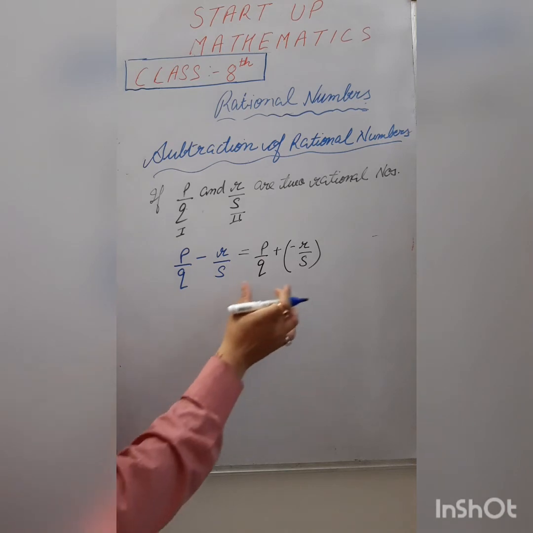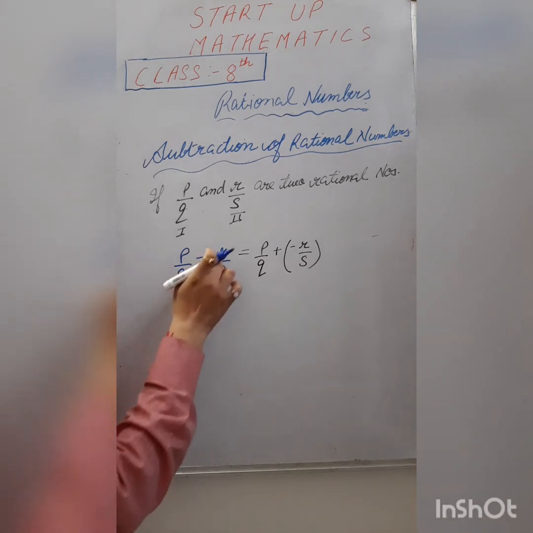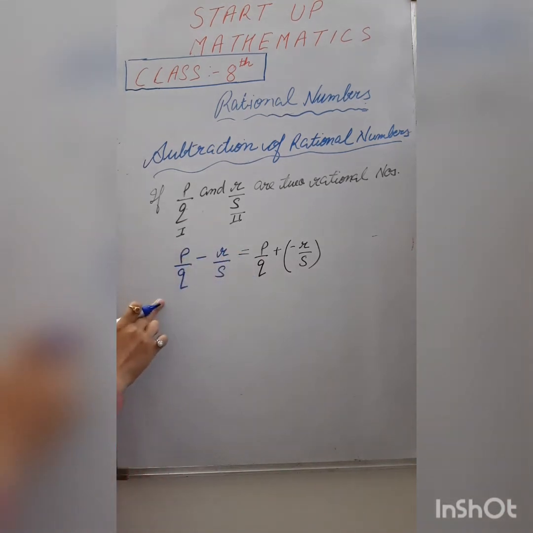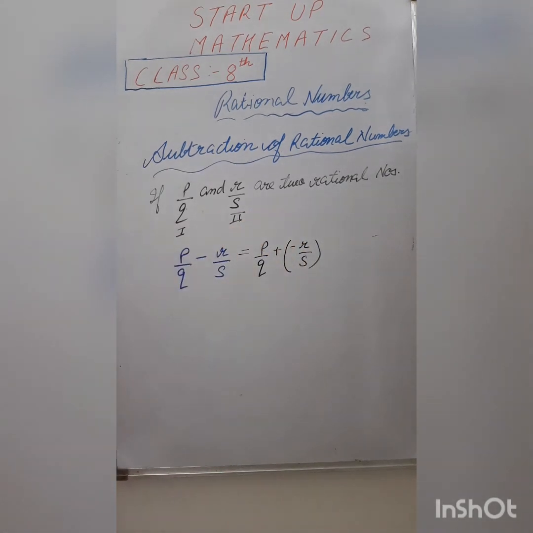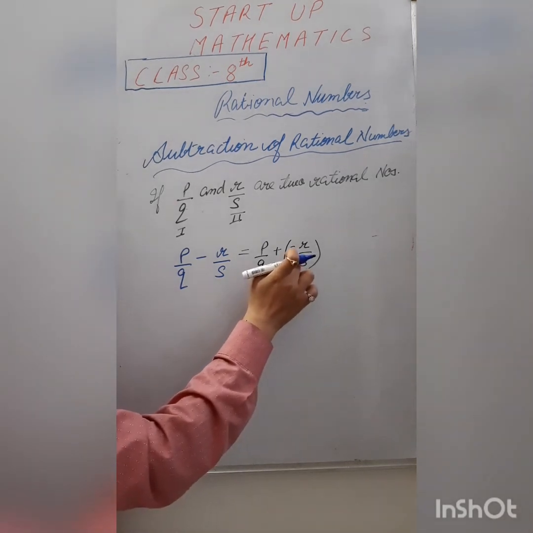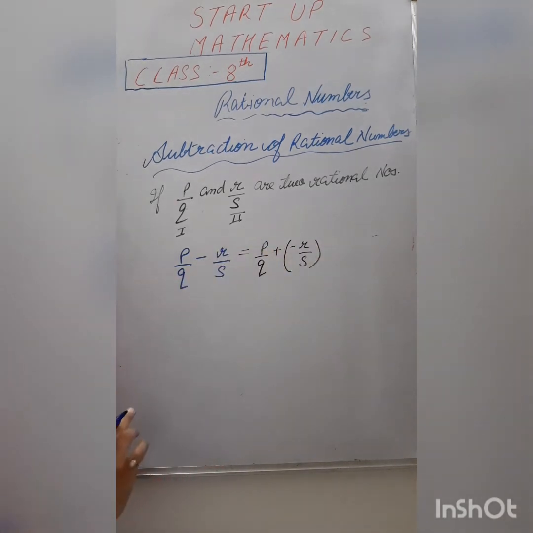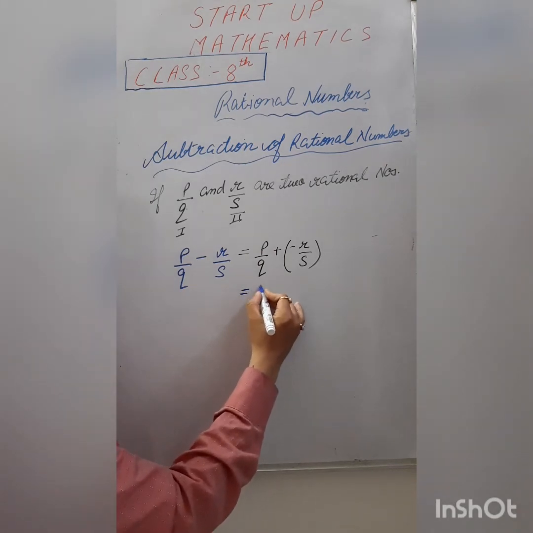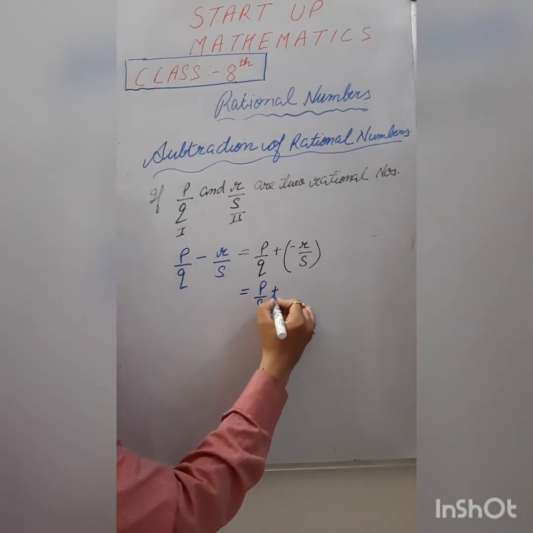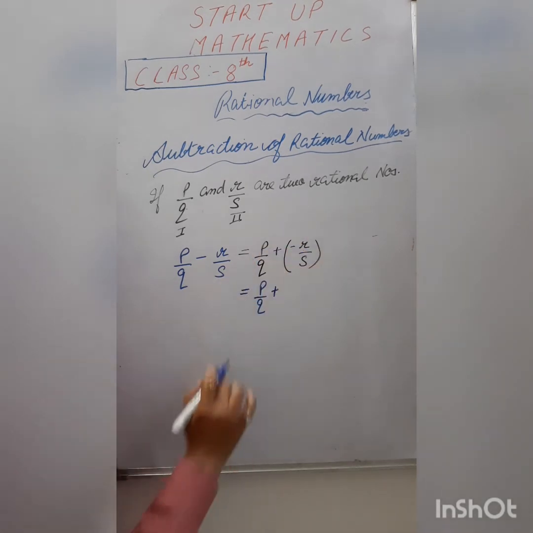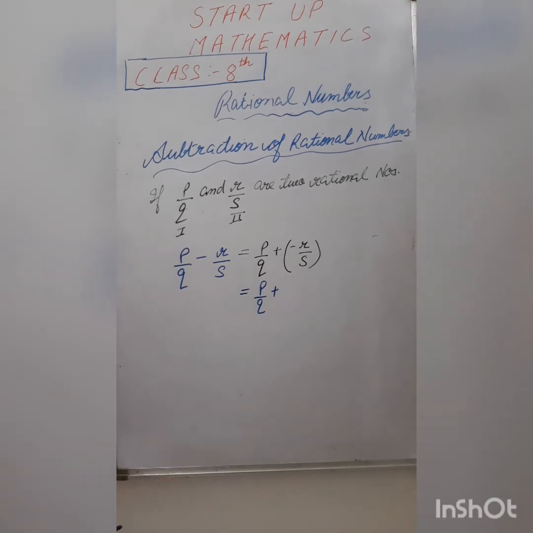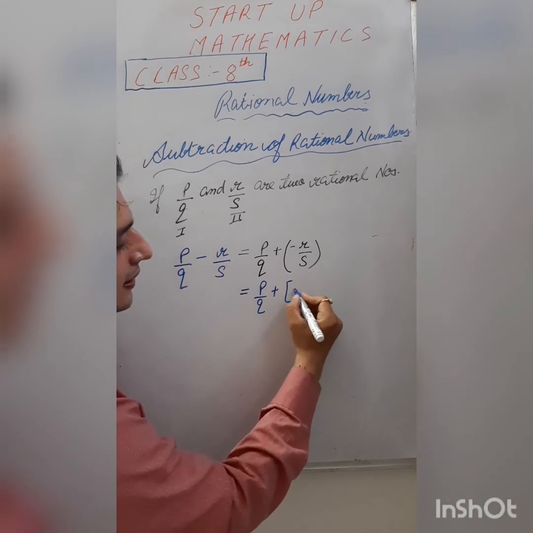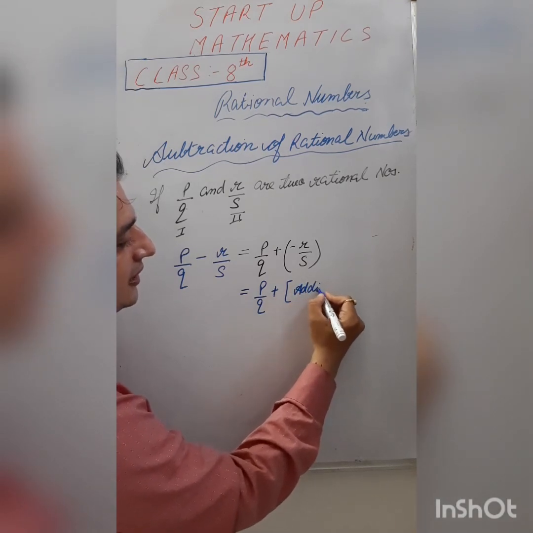Here, what is the meaning of this one? Here you easily interpret that the second rational number is subtracted from the first rational number. Now here the second rational number is added to the first rational number, means the negative of the second rational number is added to the first. Or you can see this P by Q plus minus R by S, this minus R by S is actually the additive inverse. The additive inverse किसका है?